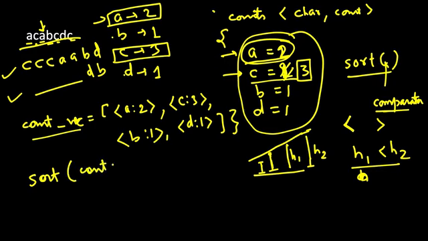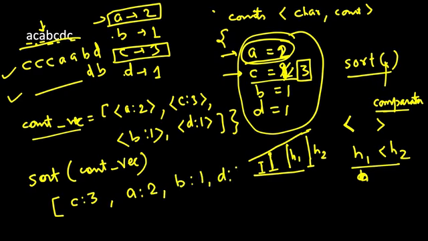Sort countVec. Now what will be the state of this vector? It will be C3 followed by A2 followed by B1 followed by D1. These two can again be interchanged without making any difference.